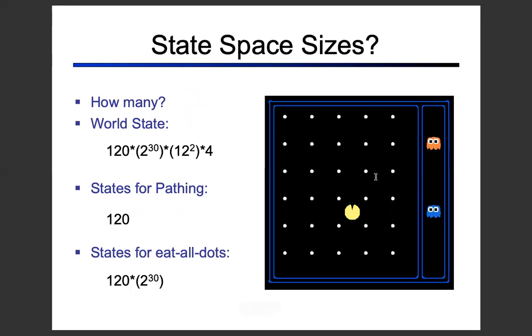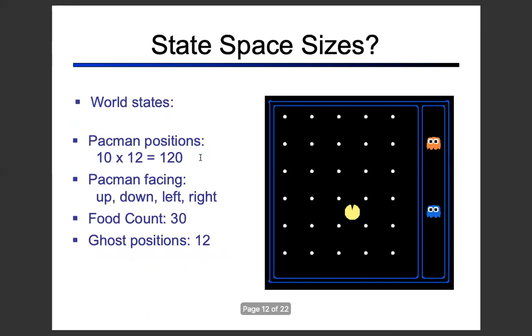And there are a lot of things as well. So the states of all 18 dots is 120, the world state is 2 raised to the power 30 dots, 2 ghosts, times 4. So it's basically the formula: up, down, right, left, food counting, and the ghost positions.